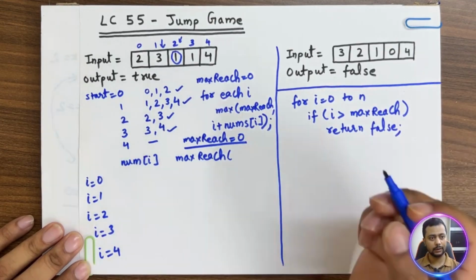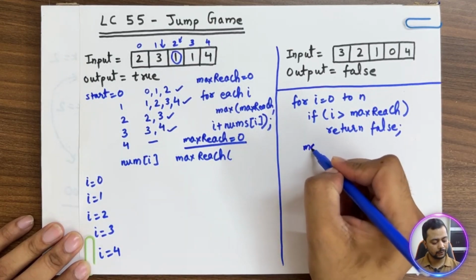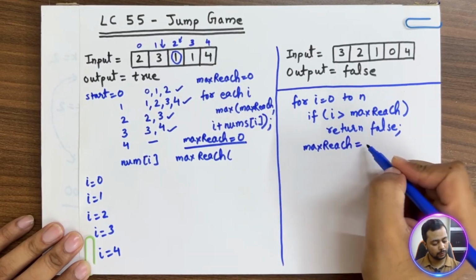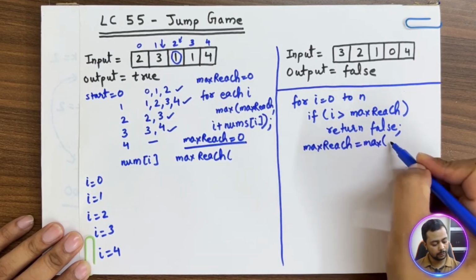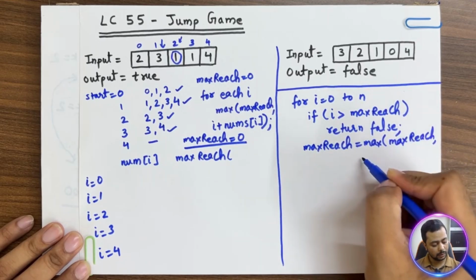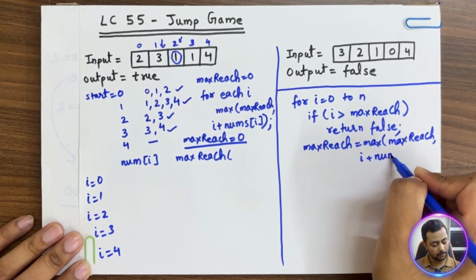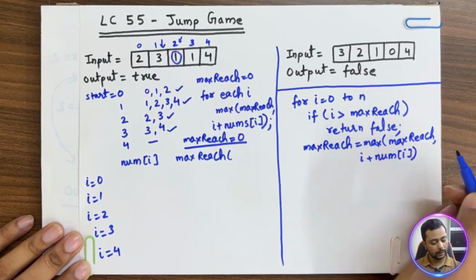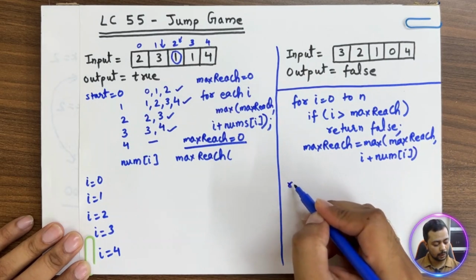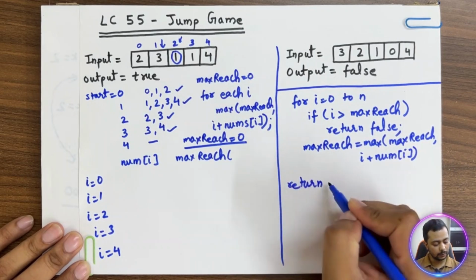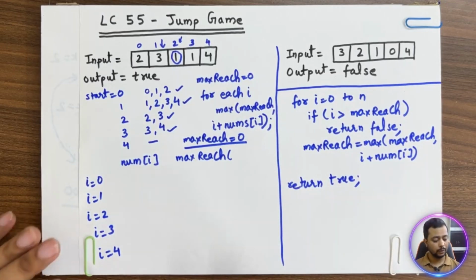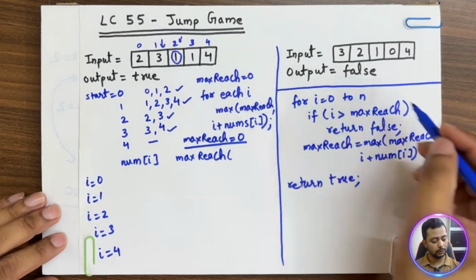If that is not the case, I will update max reach for the next iteration. So it will be maximum of max reach, comma, I plus numbers of I. And this will keep happening for all positions, and ultimately if we come out of the loop, then we are going to return true. As simple as that. So now let's see what happens using this pseudocode.